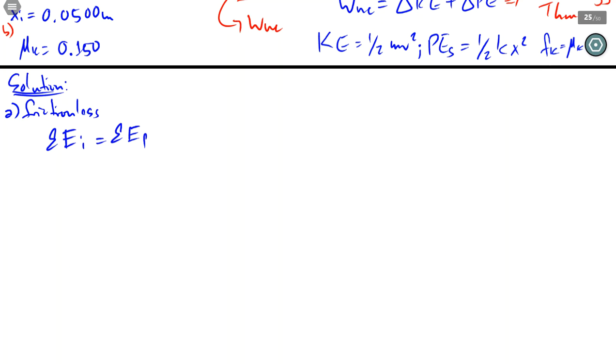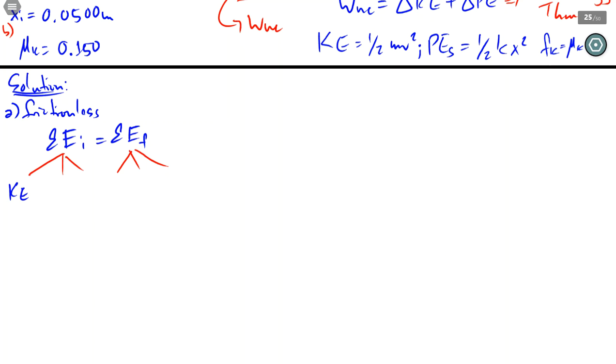It states that energy cannot be created nor destroyed, but mathematically that means the sum of all the energies beforehand equals the sum of all the energies afterwards, too.